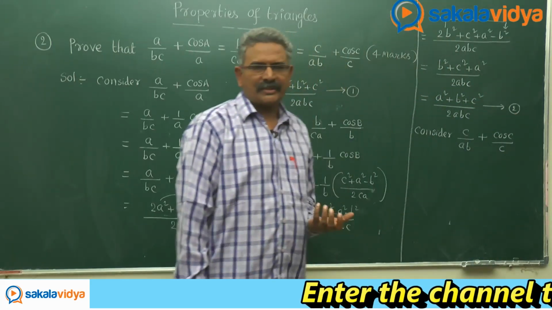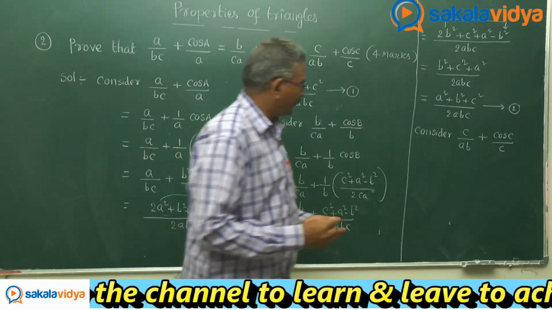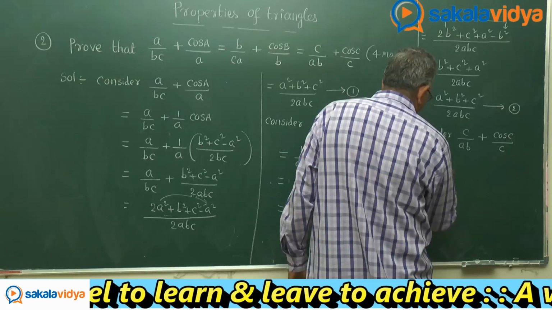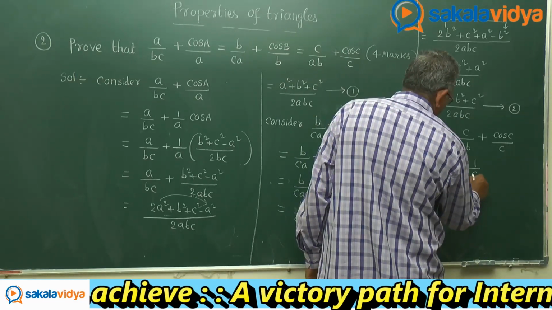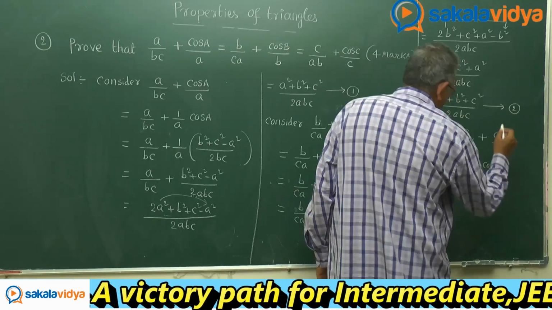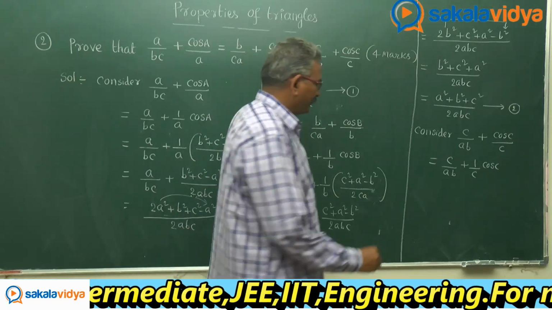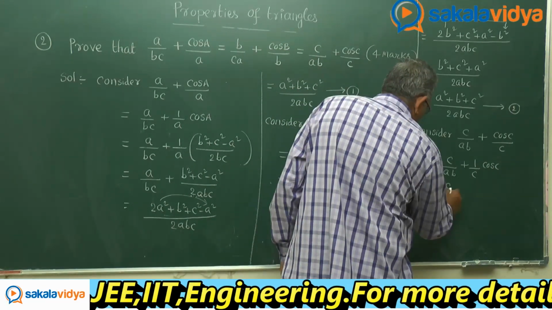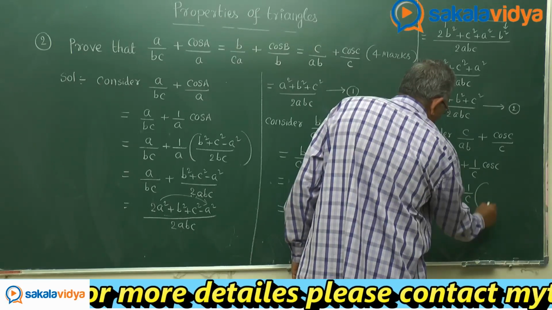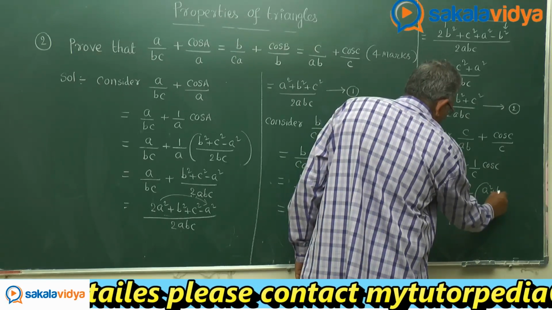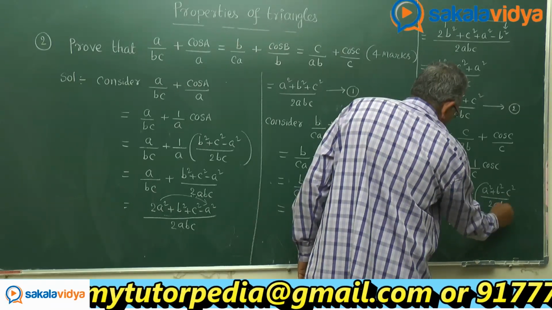To substitute the cosine rule here, we rewrite it in the form c/ab + (1/c) times cos C. Let the value of cos C be substituted here: c/ab + (1/c) times (a² + b² - c²)/2ab.